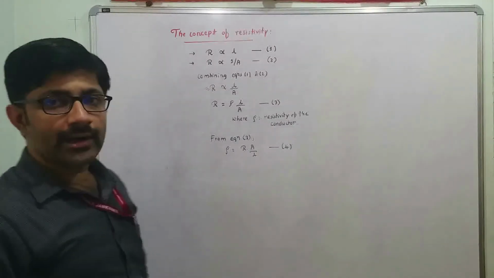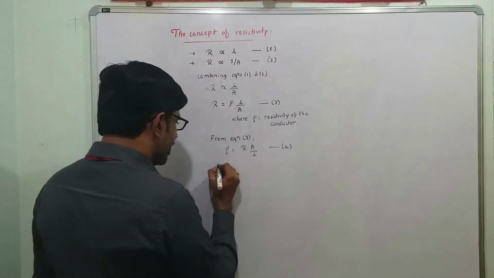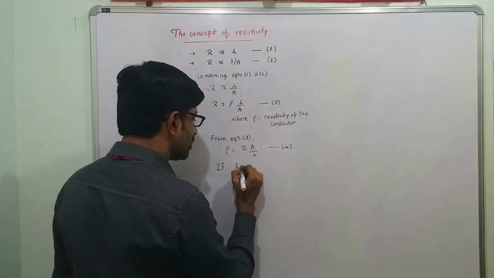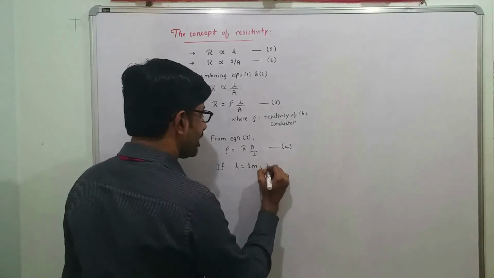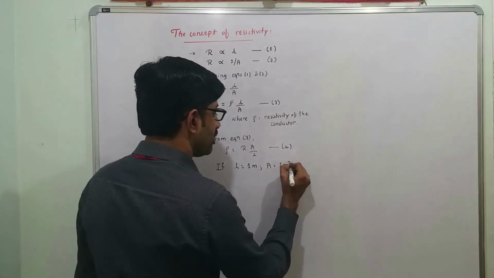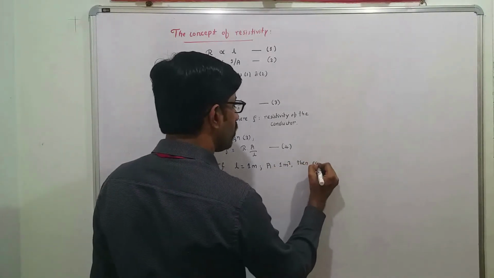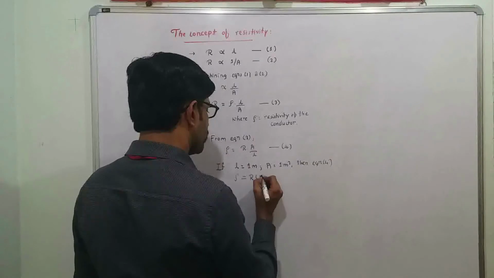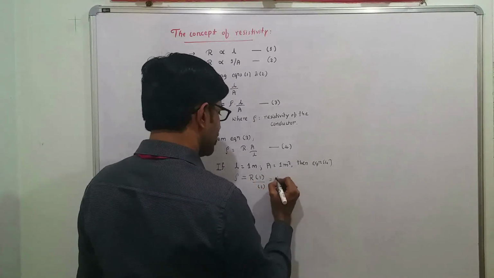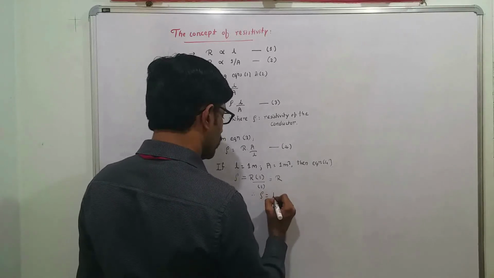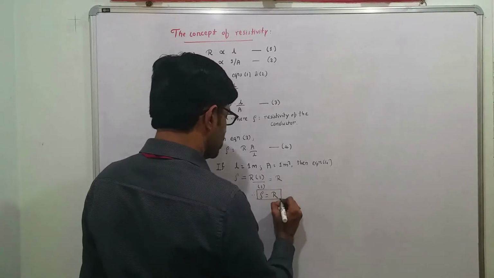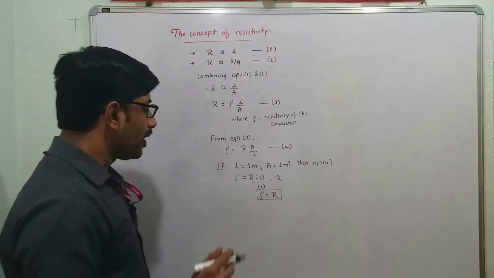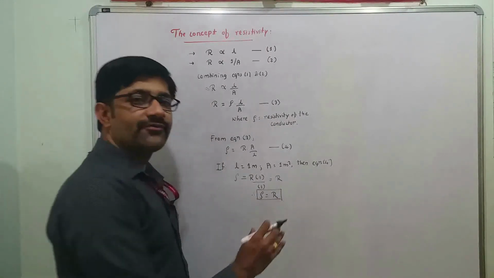Rho is equal to R A by L. If I am taking L equal to 1 meter and A equal to 1 meter square, then equation 4 takes the form rho equal to R into 1 by 1, which is simply R, and hence rho is equal to R, after taking the length L equal to 1 meter and A equal to 1 meter square. From this we are going to define resistivity.